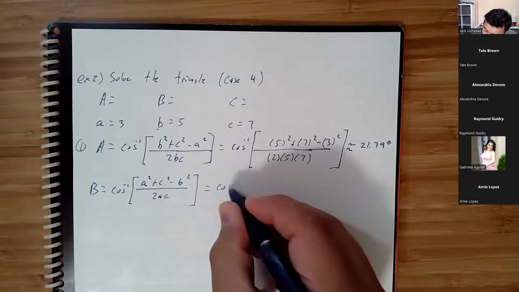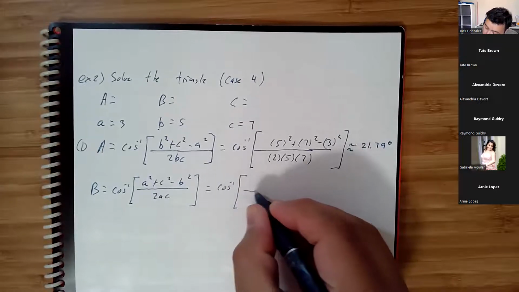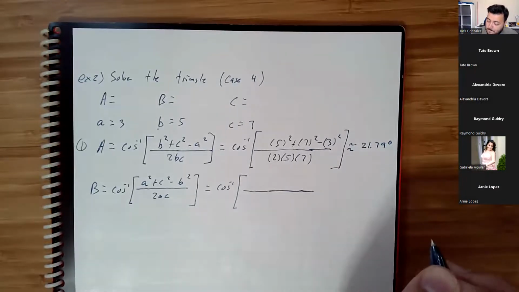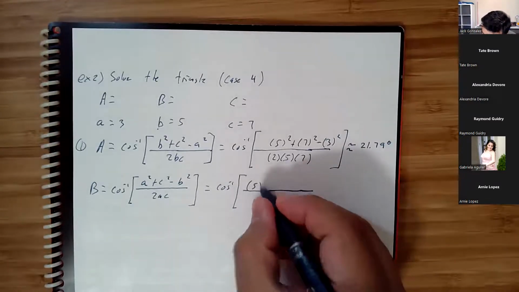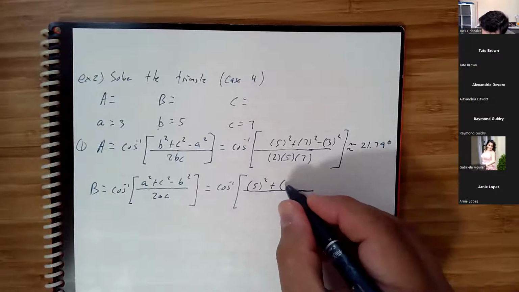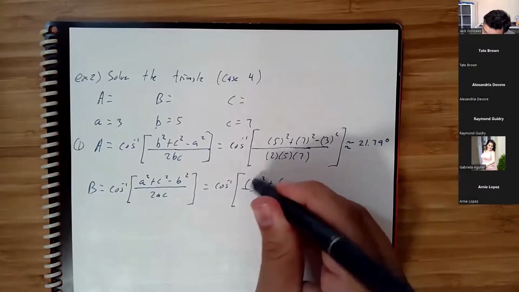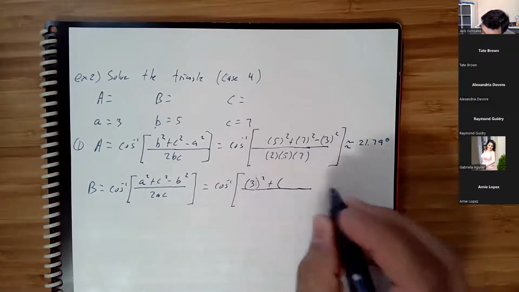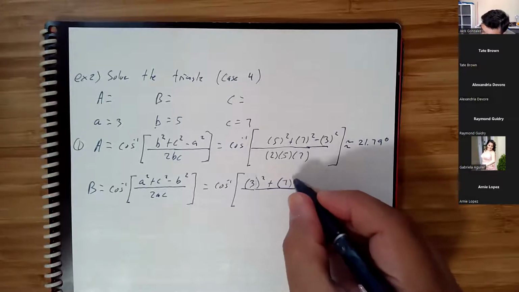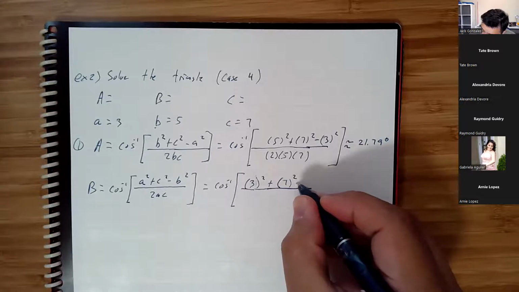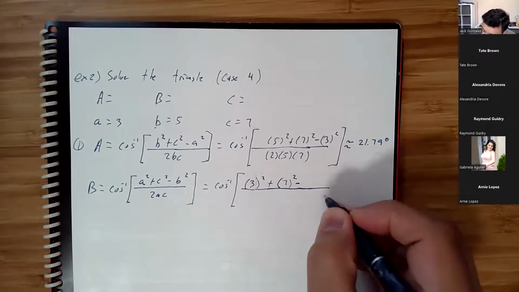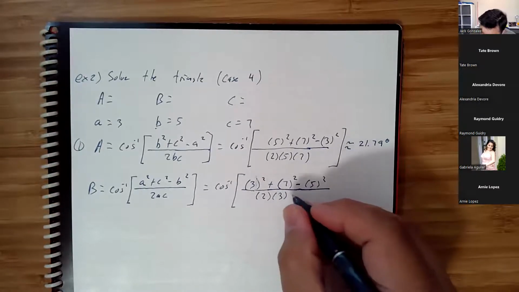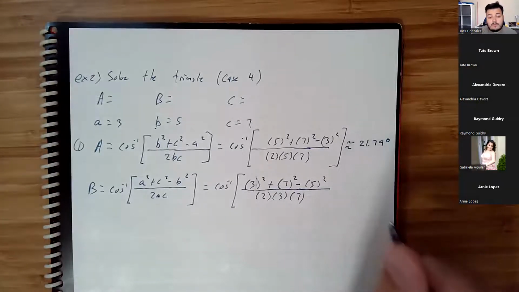So that'll equal cosine inverse of 3 squared plus 7 squared minus 5 squared over 2, 3, 7.